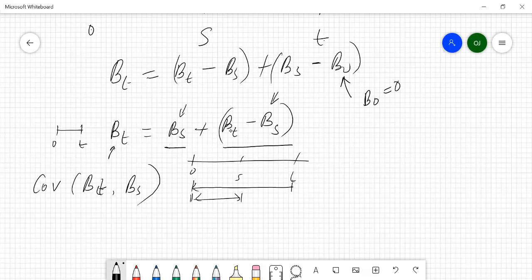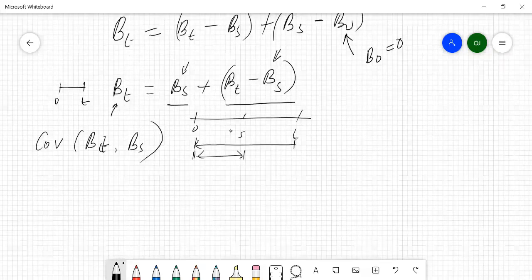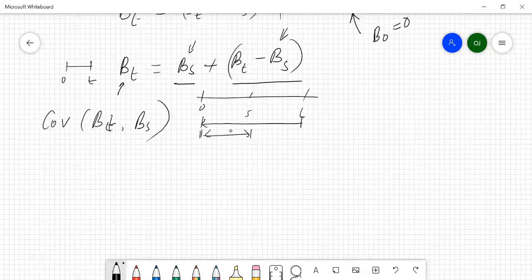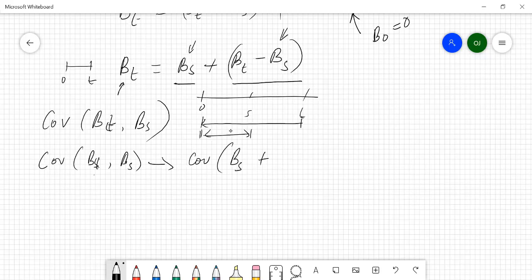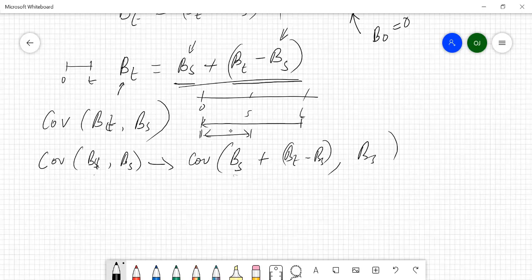Isn't it? Yes. Now, this property of Brownian motion is so funny. Covariance of BT, BS now becomes, we know BT is the same as covariance of BS plus BT minus BS, comma, BS. I've just picked the BT up here to replace it here, isn't it? Yes.